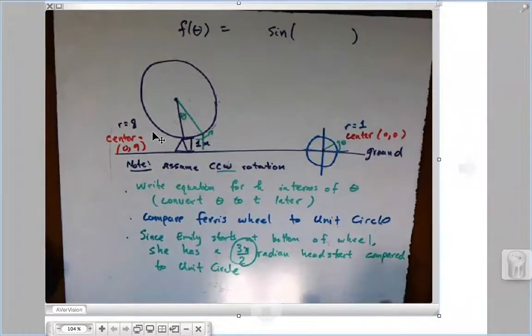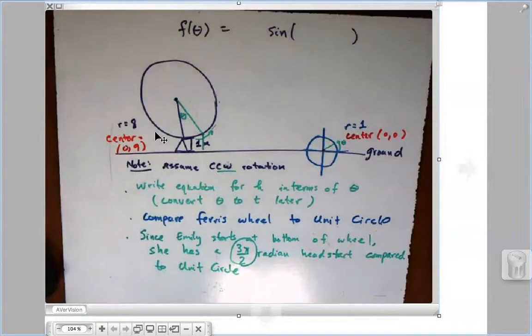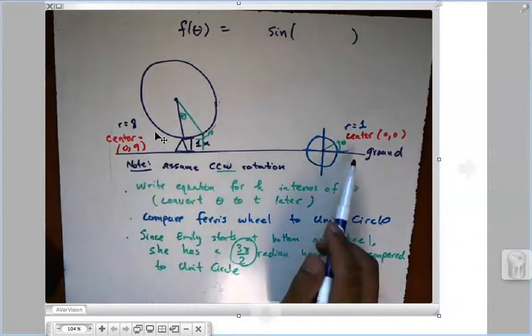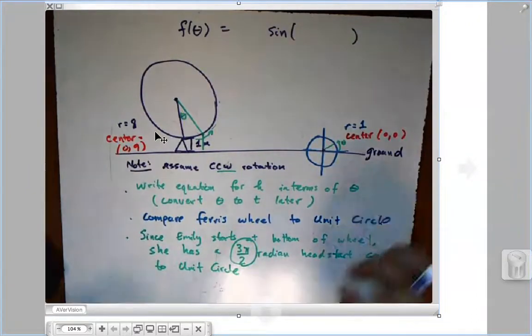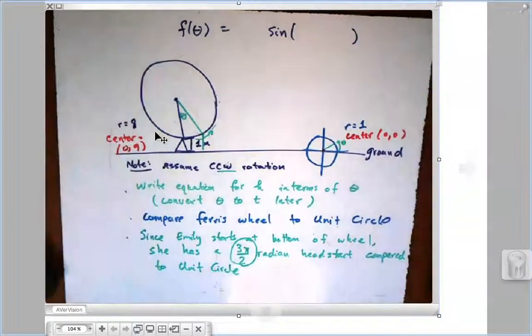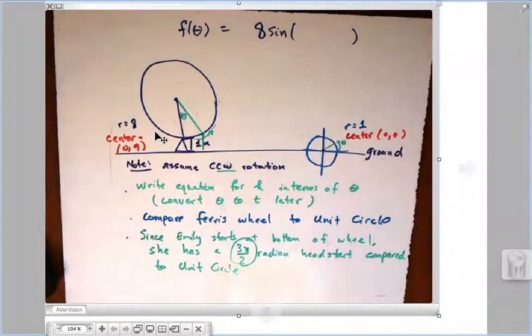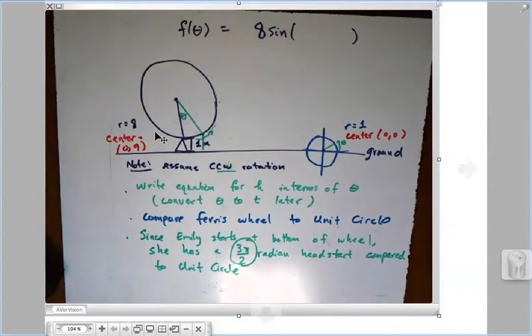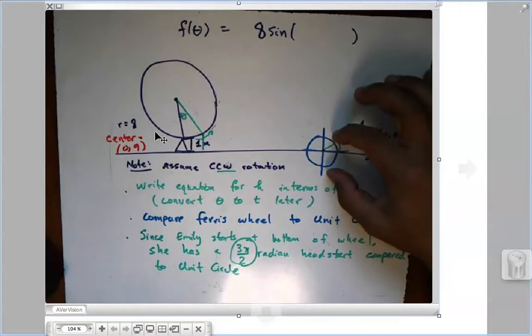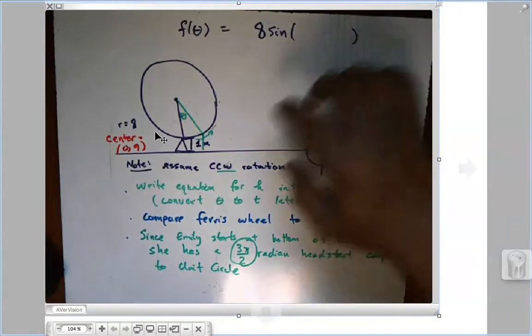Okay? So looking at our equation, the Ferris wheel has a radius that's 8 times bigger than that of the unit circle. So this is sort of like a stretch of 8. And so we put 8 in front here of our sine function. And the other thing is that everything has been shifted up. So it's like taking our Ferris wheel and shifting it up 9 units.